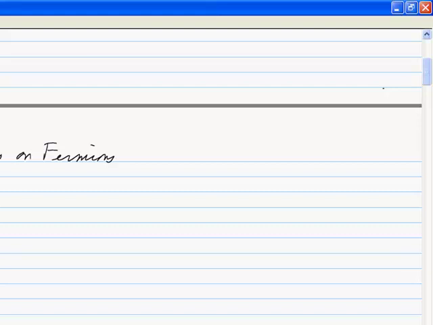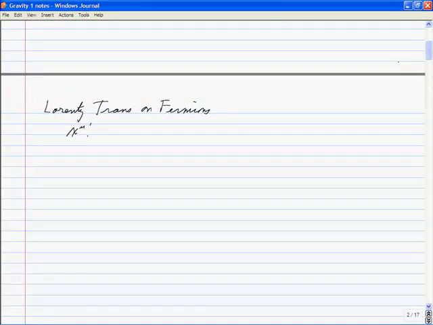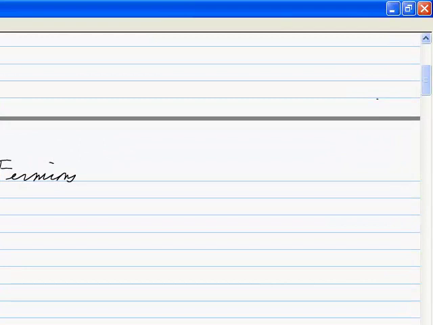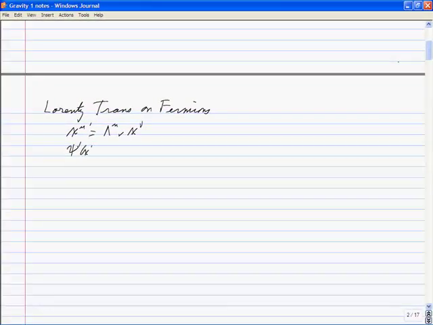Again x'^μ = Λ^μ_ν x^ν, but ψ is also going to have to get transformed. ψ is a four-component vector. So we're going to have ψ'(x') = S(Λ) ψ. This is a 4x4 matrix.